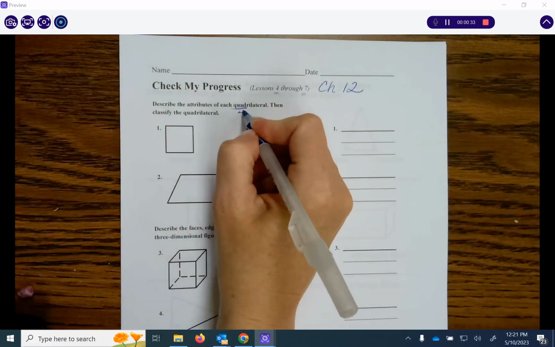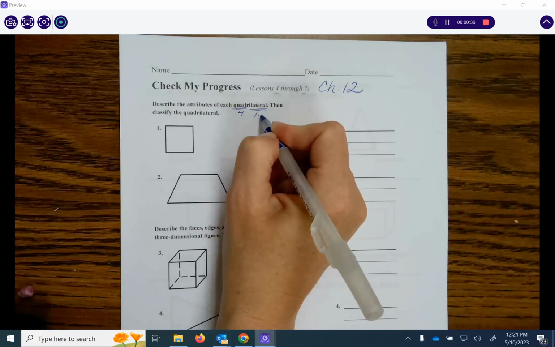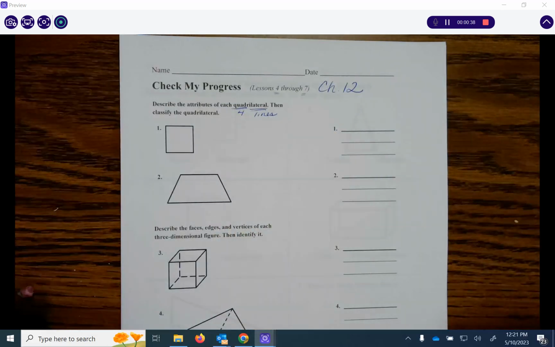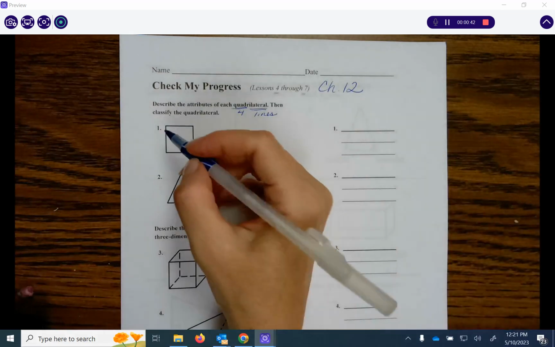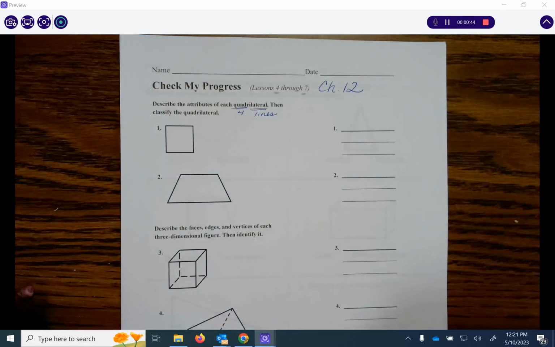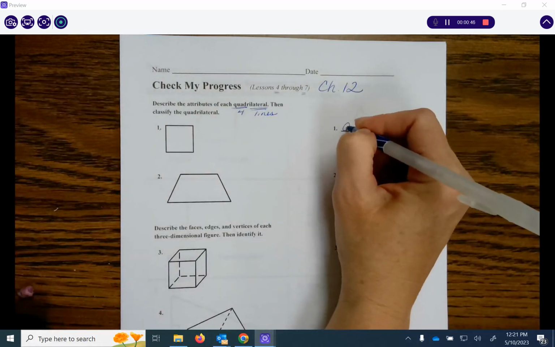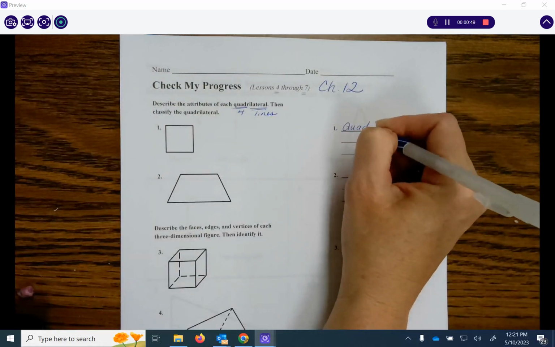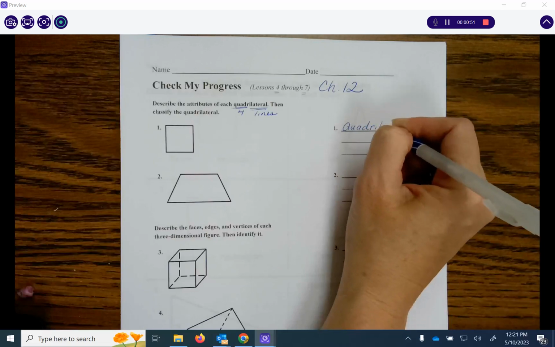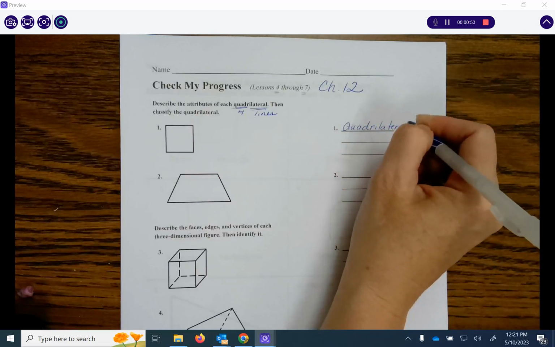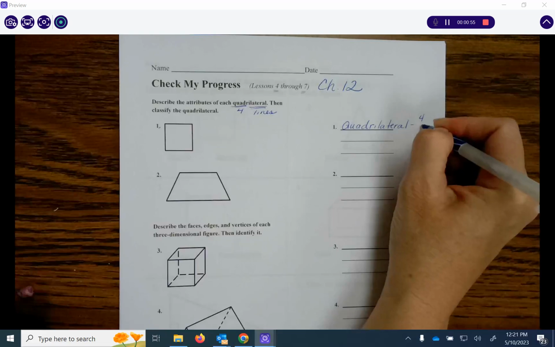Quad means four, lateral means lines. So these are shapes that are made up of the four lines. All right, so right here, okay, we obviously have a quadrilateral. Four sides.